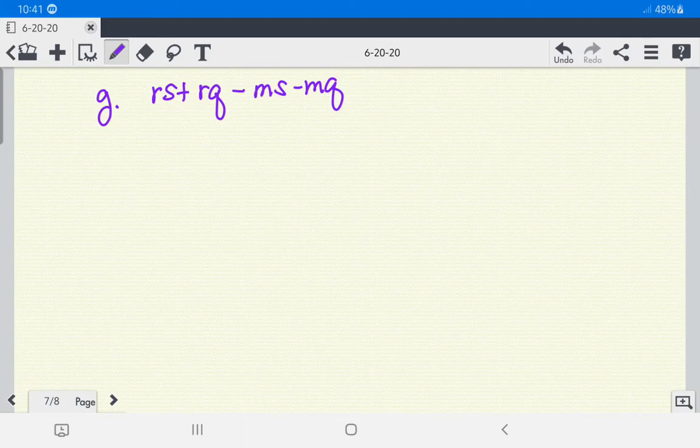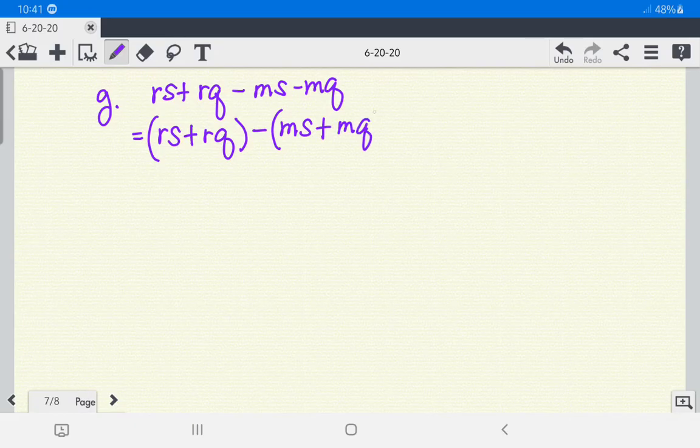We group the first two terms since there is a common monomial factor, which is R. So we have RS plus RQ, enclosed in parentheses, minus MS plus MQ. Here, the operation changes. Why? Because if we multiply negative 1 times MS, we have negative MS, and negative 1 times MQ, we have negative MQ.